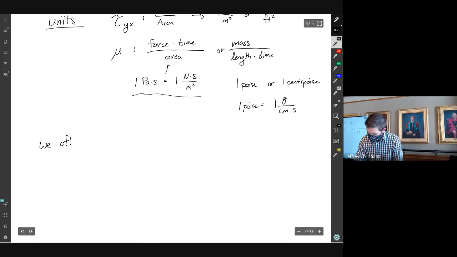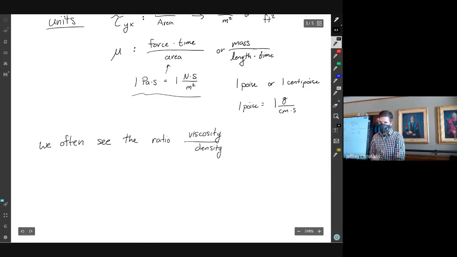We often see the ratio viscosity divided by density. So why would we see viscosity divided by density?